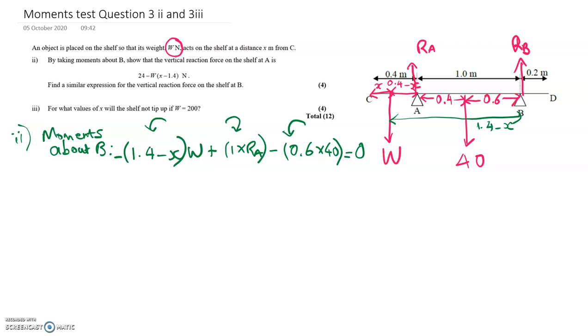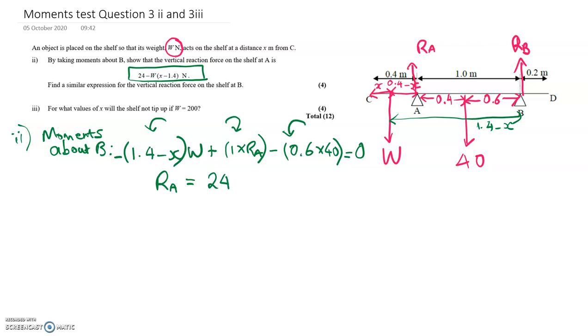Right, all I have to do now is rearrange this so that it looks like the one they have in the question. So what I'm going to do is keep the RA where it is, because that's what I want to make the subject. And then I'm going to move the other things to the other side. So 0.6 times 40 is 24, becomes plus when I move it over.